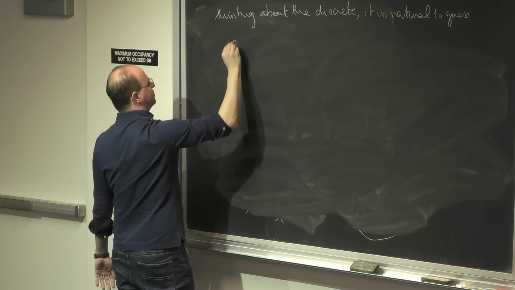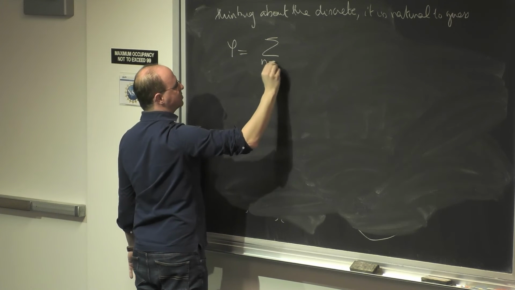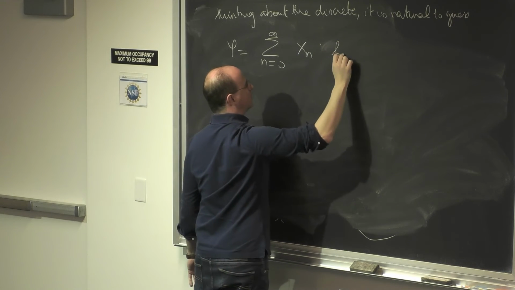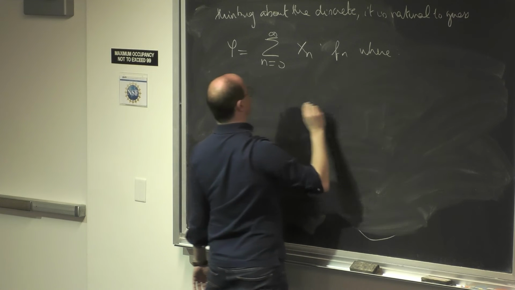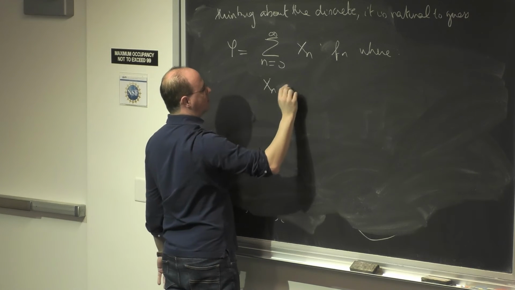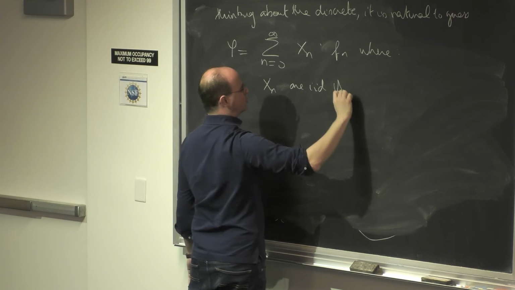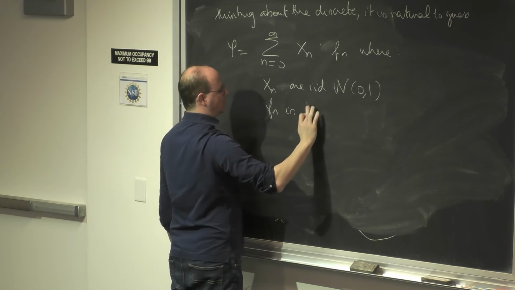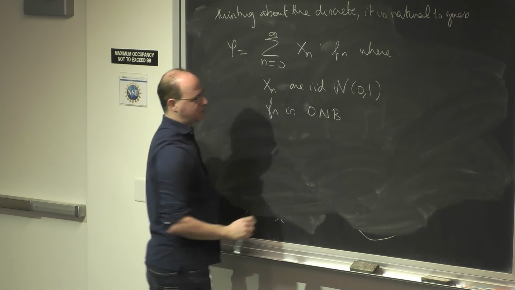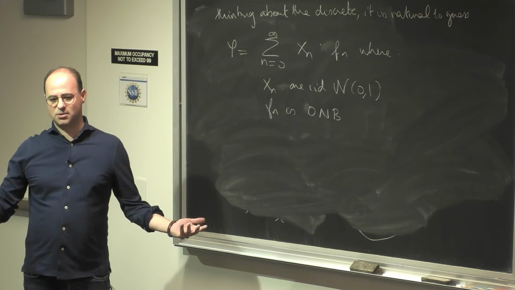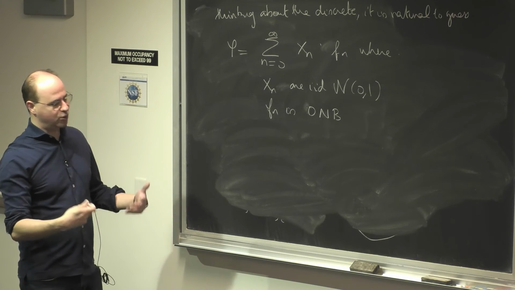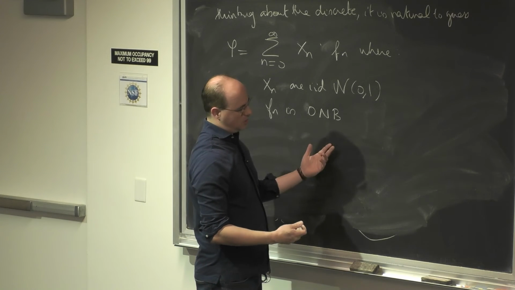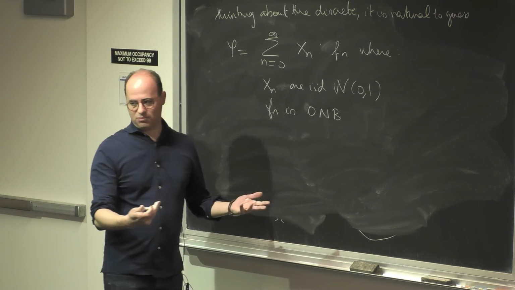that phi can be written as the sum n equals 0 to infinity of xn fn, where xn are IID standard Gaussian coefficients, and fn is an orthonormal basis with respect to the covariance matrix of this thing. You will not be surprised to see that this has something to do with the Dirichlet energy.